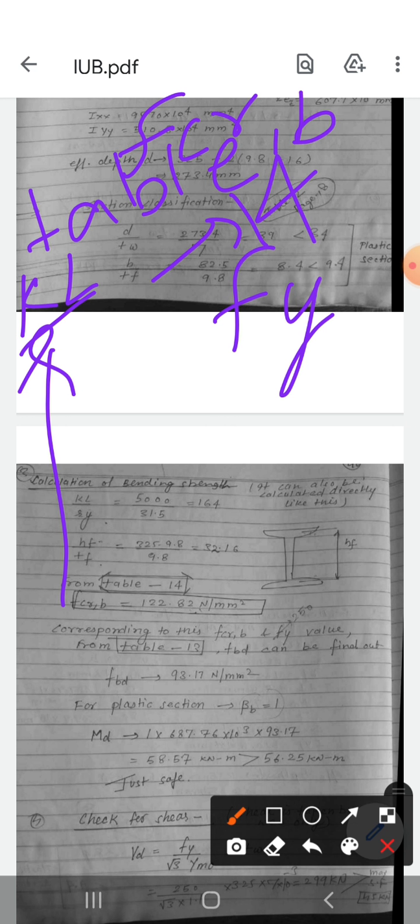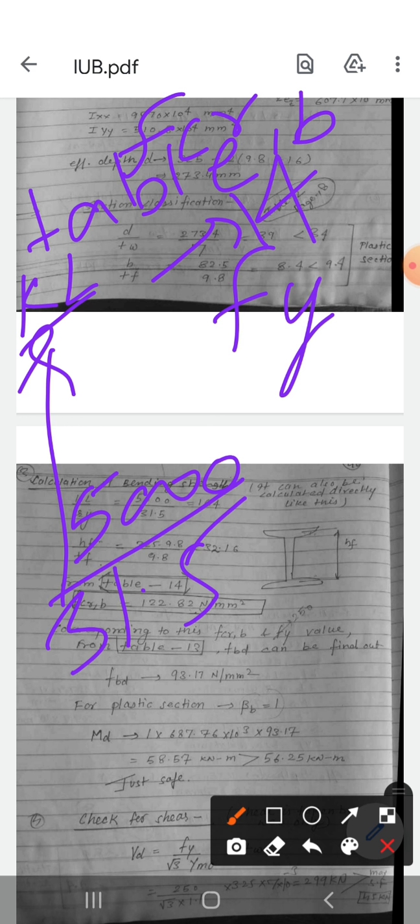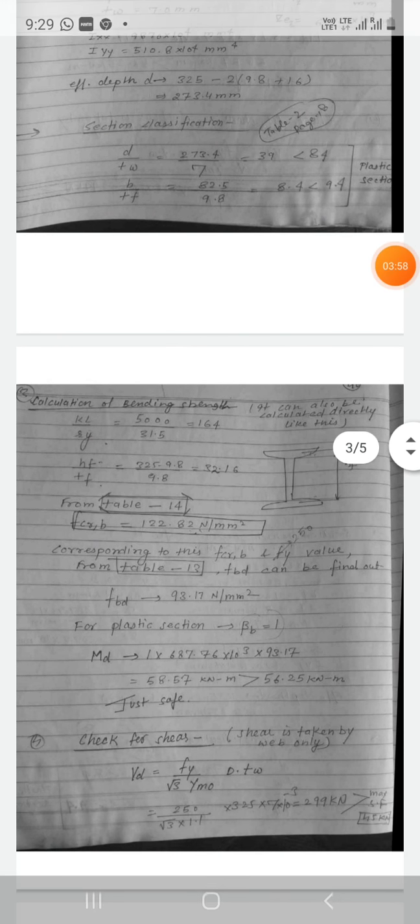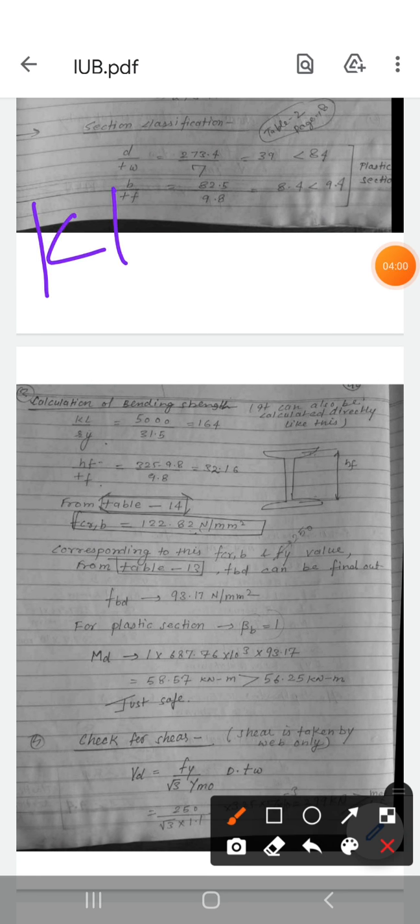So KL upon r, KL is the effective length which is given as 5000 mm. r is the minimum radius of gyration which is 31.5. So KL upon r comes out to be 164.